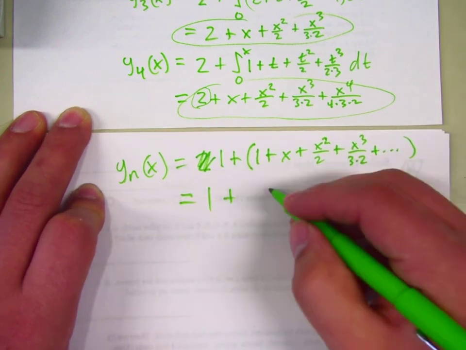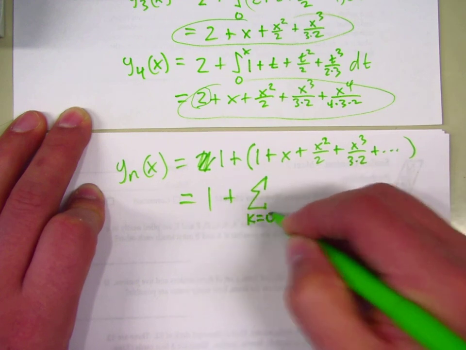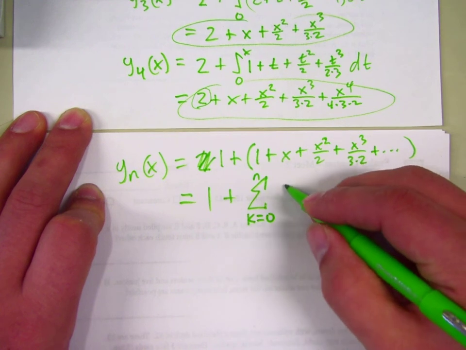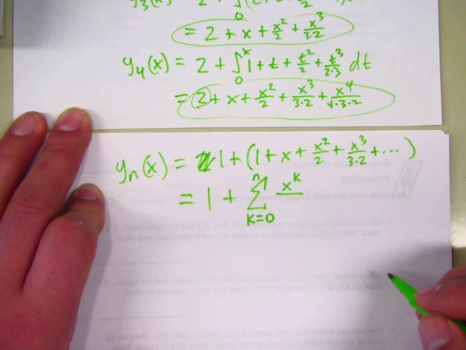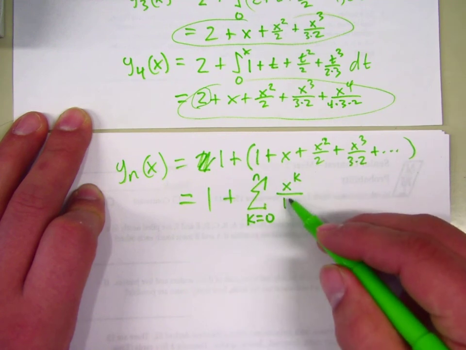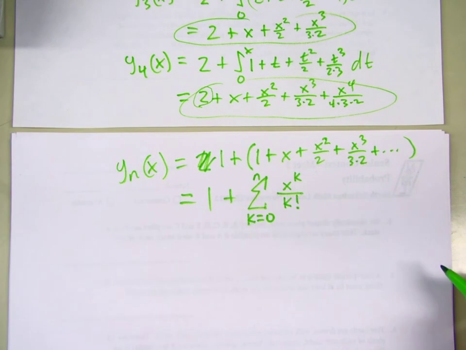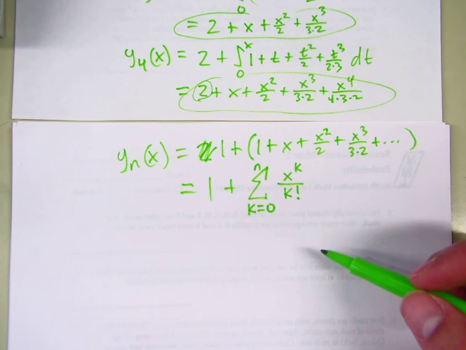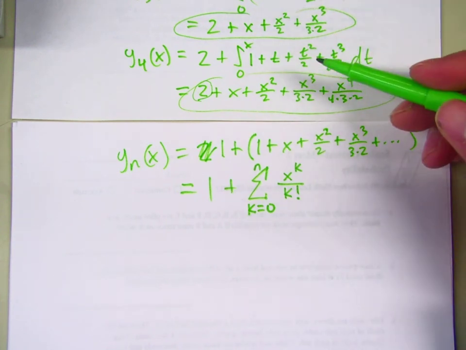And so if I write the series, this would be the sum from k equals 0 to n of x to the k over well, it'll be n factorial, but we need k's, right? K factorial, yes. So this is the solution, the real one, okay? Everything up until that point was an approximation.